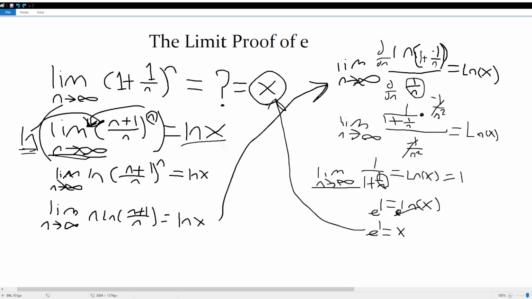Now that my class is getting more into series, this is coming up a lot. So this is one of those things where you've got to know how to do it, at least the basics of it. You don't need to know ln rules of limits, that's so incredibly unimportant. But yeah, that is the limit proof of e.